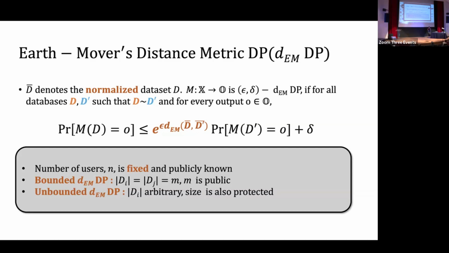Now, we can have two different flavors of our privacy definition. If the size of the individual contributions of every user is fixed and publicly known, then we work in the bounded data setting. Alternatively, if a user can contribute an arbitrary amount of data and the size of the contribution is also private, then we refer to it as the unbounded data setting.